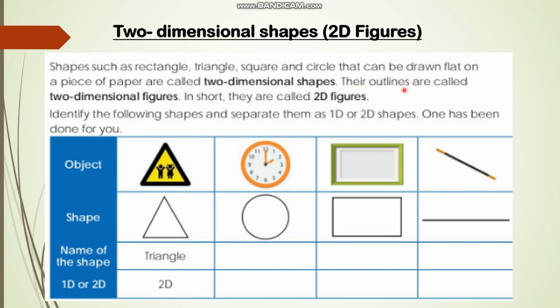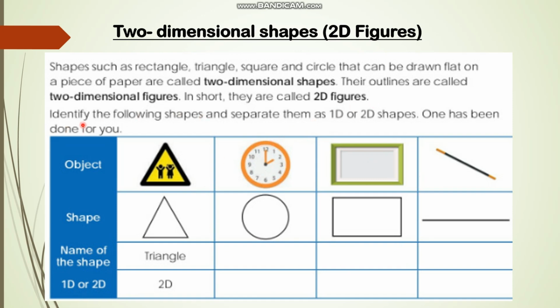Their outlines are called two-dimensional figures. In short, we can write it as 2D figures. Got it children? These all are from your textbook, so you can fill these all in your textbook itself.